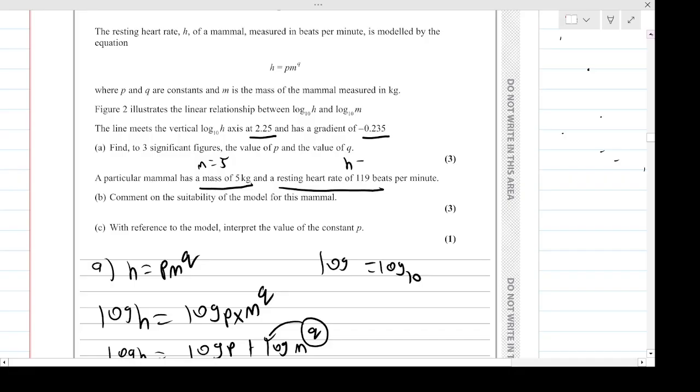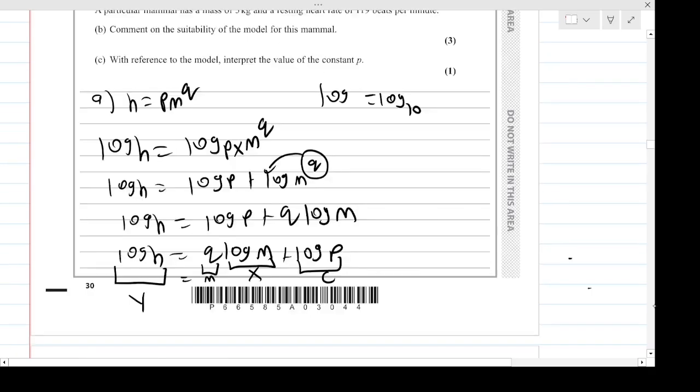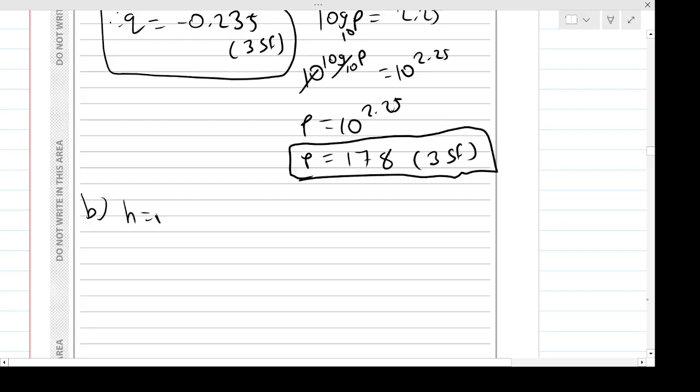So h is 119. Now, that's relating to the model, to the equation up here. h is p m to the q. So if I remind you, h is p m to the q, but we know what p and q are now. h is p, so 178, m to the minus 0.235.